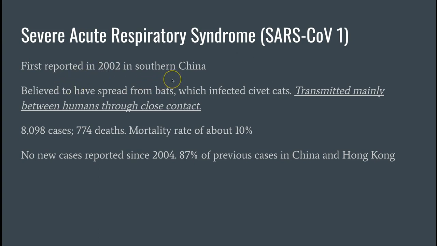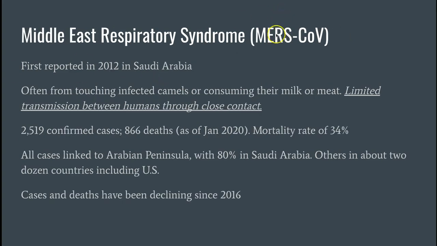It was believed to have spread from bats, then infected cats, and then transmitted to humans. There have been no new cases since 2004. The MERS virus was first reported in 2012 in Saudi Arabia. It was often acquired from touching infected camels, and there's limited transmission between humans through close contact. Usually humans get it through camels or consuming their milk or meat. Most of the cases are linked to the Middle East and the Arabian Peninsula, and cases have been steadily declining since 2016.